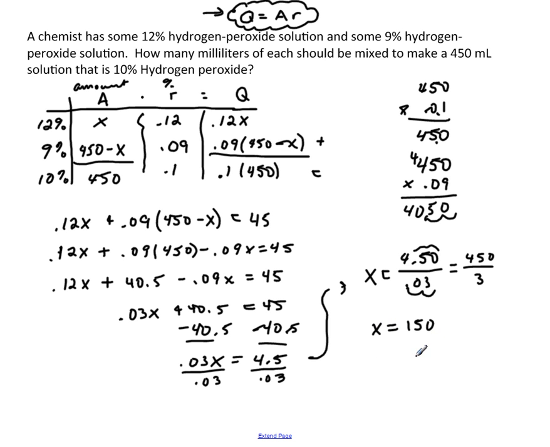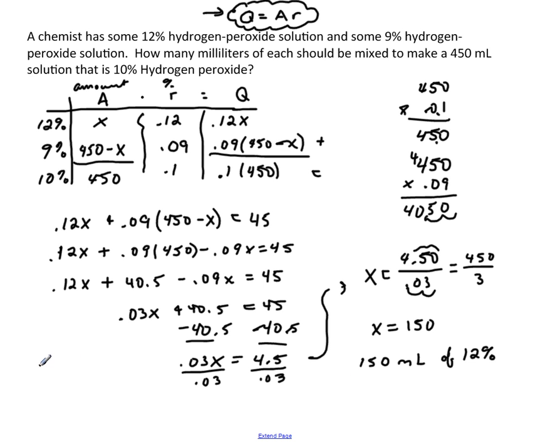Well, this gives us our answer, because this is going to tell us that we're going to use 150 milliliters of our 12% solution. And let's see, 450 minus 150.